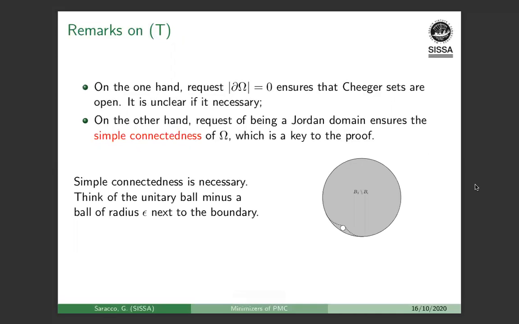And if you drop this assumption, you can have counterexamples. Say, take for instance a ball of radius 1 and drill a hole of radius epsilon very close to the boundary. If epsilon is small enough, you can prove that the whole set is a Cheeger set of itself. But really, the union of all the balls of the correct radius will never completely fill the set.